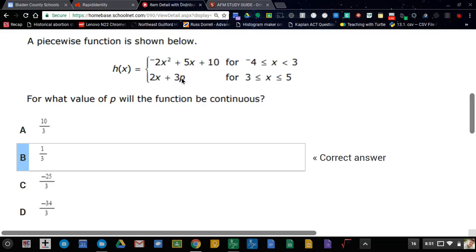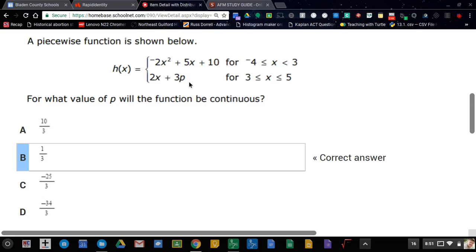All you have to do on this problem is plug in x equal to 3 in each of these pieces and set them equal to each other. Because that would be h of 3 for the first piece, h of 3 for the second piece, and you're requiring those two to be equal. So if you do that, let's copy the function down.